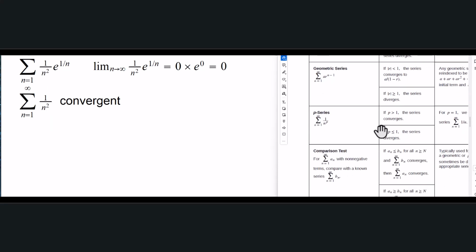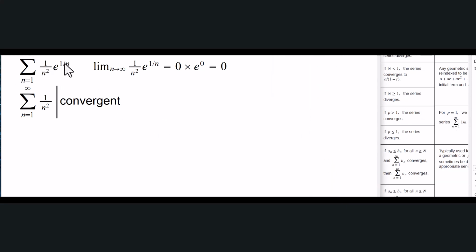So we can do a comparison test, but the problem is this. If I compare the nth term here with the nth term of the series here, then this quantity e to the 1 over n will always be greater than 1. So this quantity becomes greater than 1 over n squared.